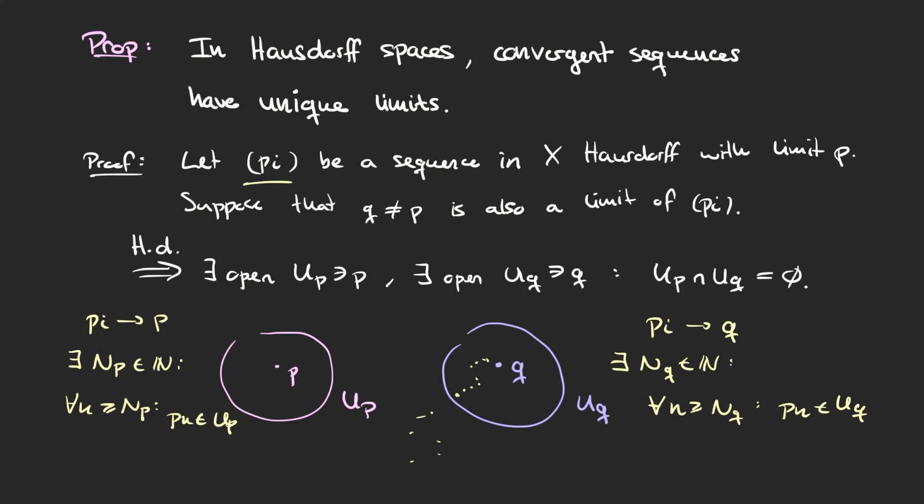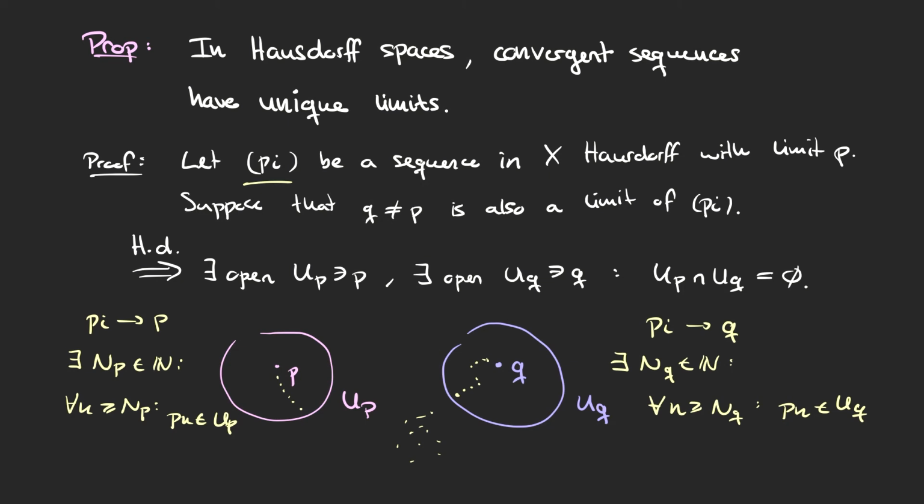So in terms of our picture, again, the sequence will do some stuff, but after this N_P-th element in the sequence needs to lie completely within U_P. But now this is a contradictory situation because we have the case that after N_P, the sequence lies completely within U_P, and after N_Q, the sequence lies completely within U_Q, but these two sets U_P and U_Q are disjoint.